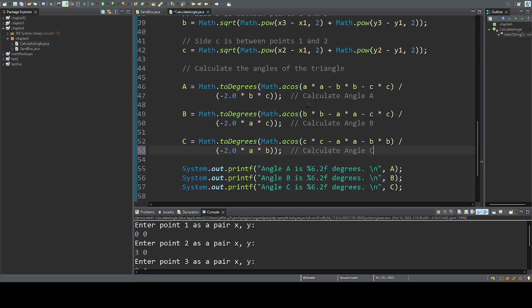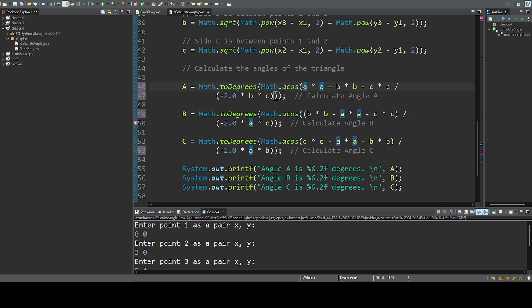All right, so I want the arc cosine of all of this divided. So this arc cosine function needs to contain that, which means actually that goes upstairs.